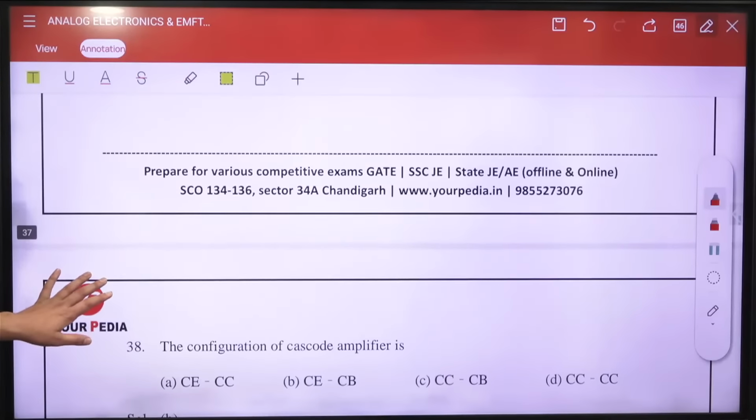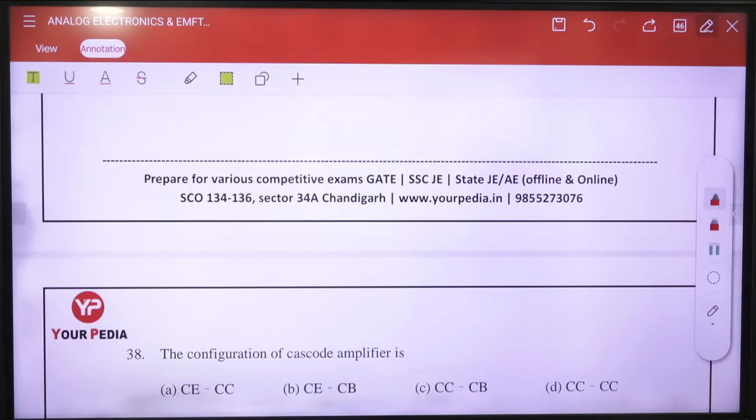Okay. The configuration of a cascade amplifier.